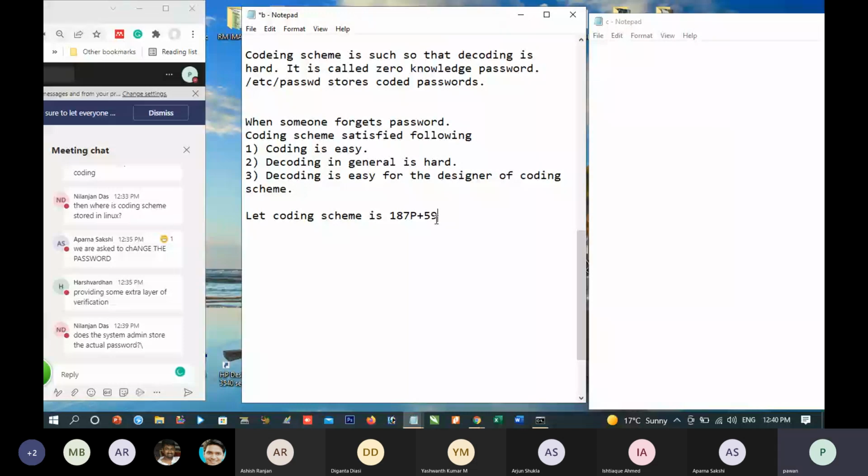Okay, let the coding scheme be this. The password is, say, 7. What is the coded password? It's 7 into 187 plus 59. How much is it?